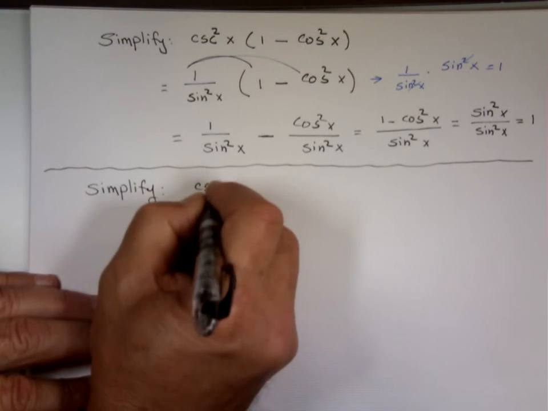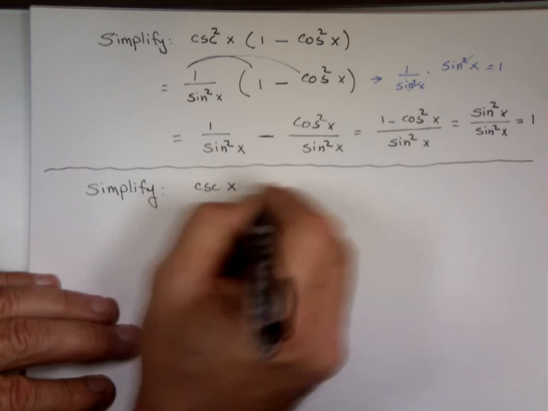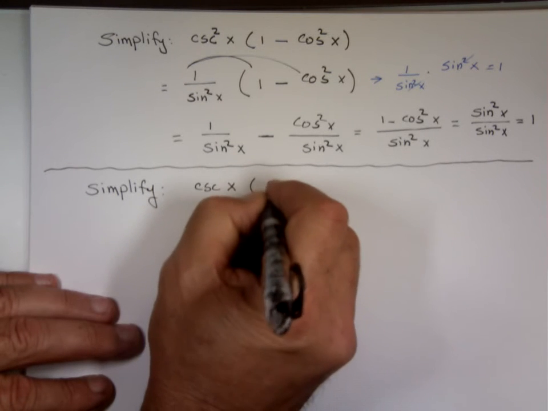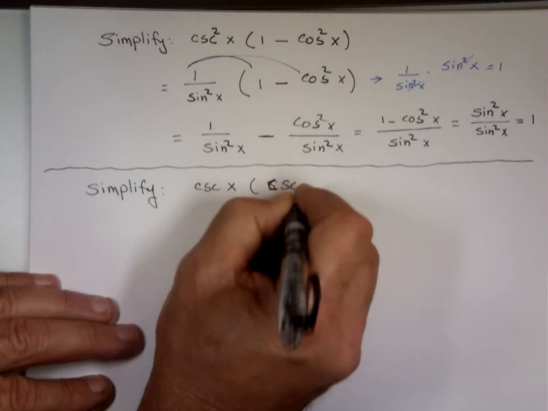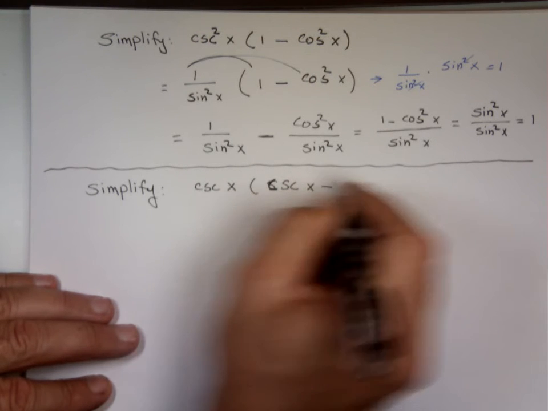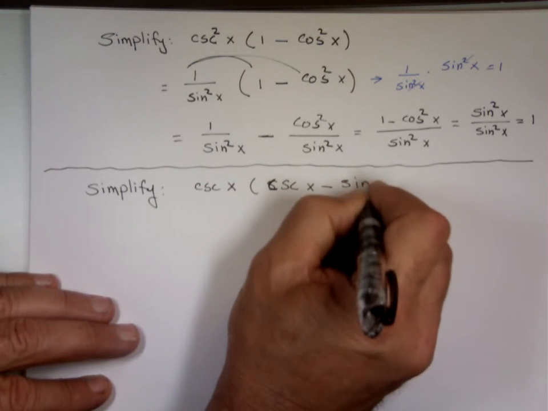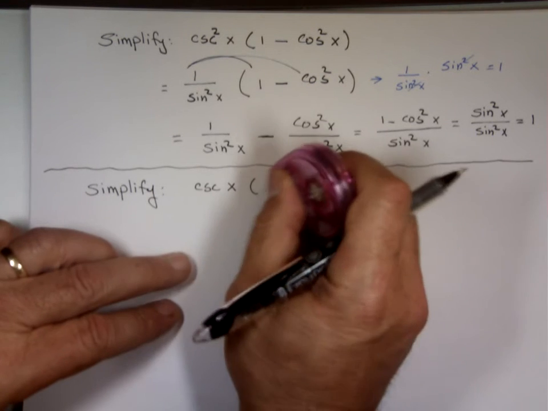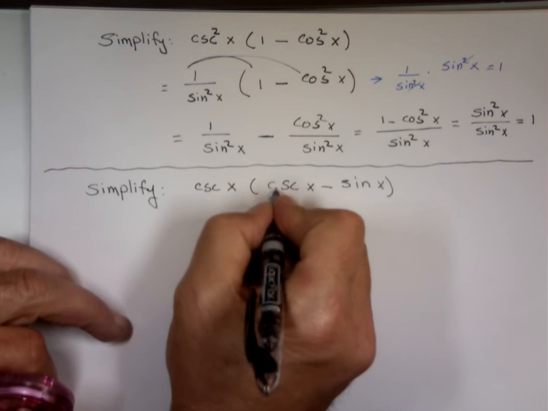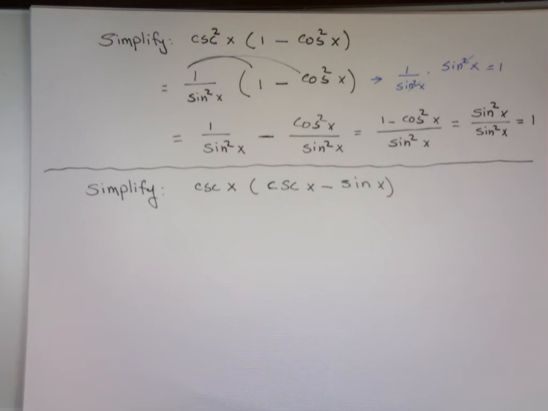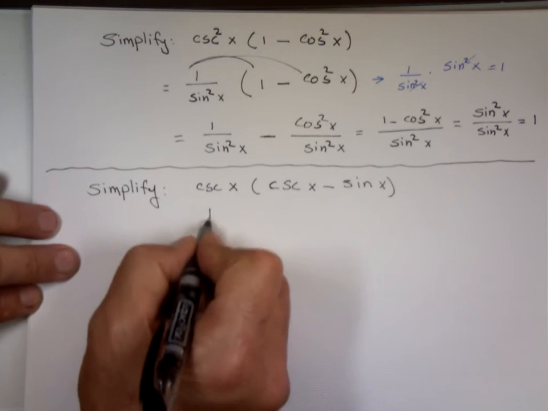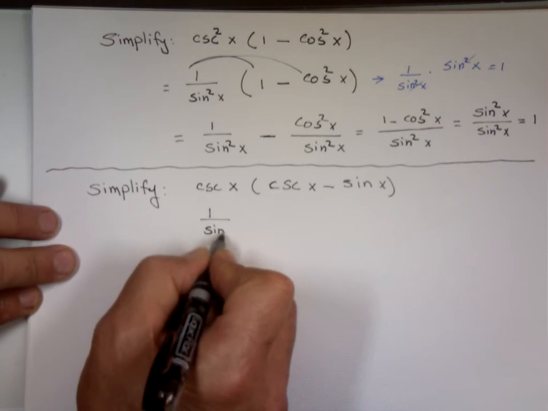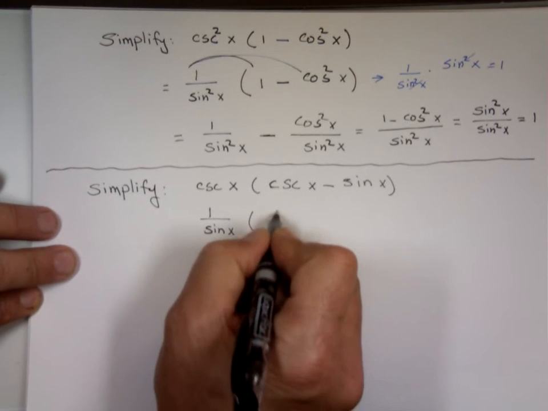Cosecant x, another one, times cosecant x minus sine x. Cosecant is 1 over sine.